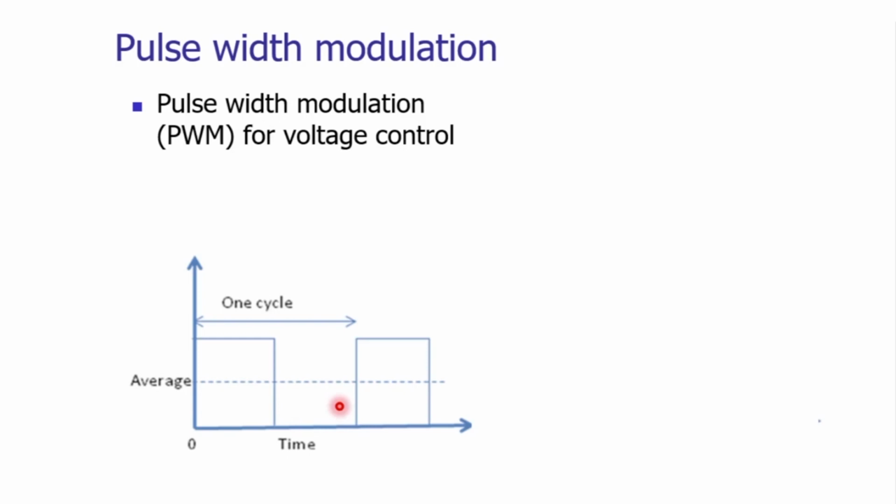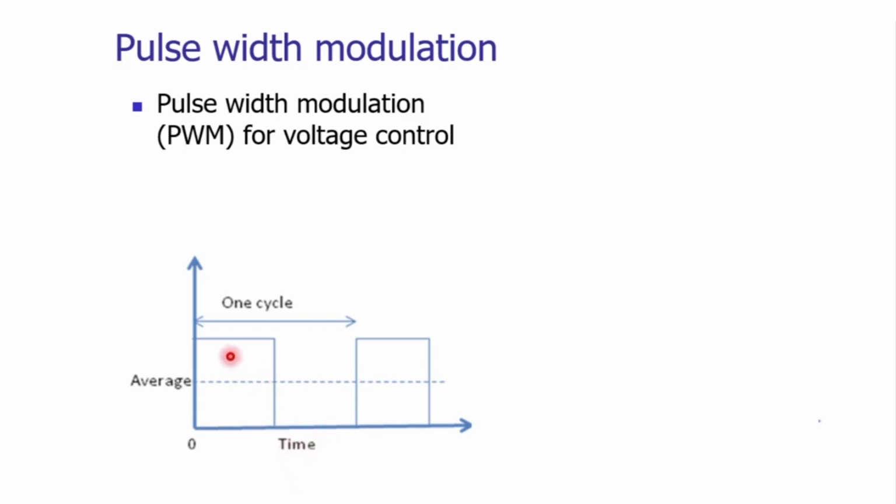So the total pulse time is 20 seconds, but the actuation we are carrying out only for 10 seconds. For the next 10 seconds, there is no application of the voltage. So in one cycle, we are applying the voltage only for 50% of the total time.